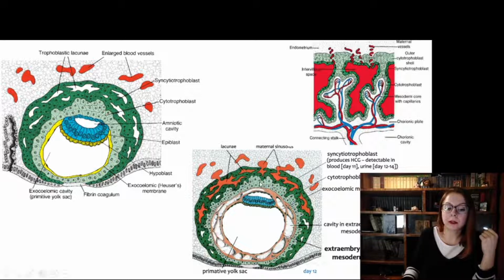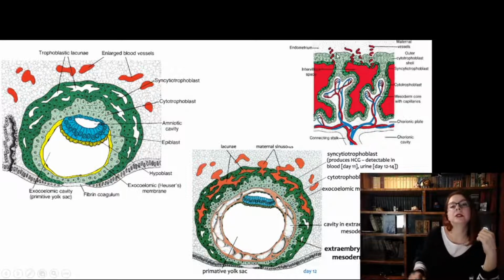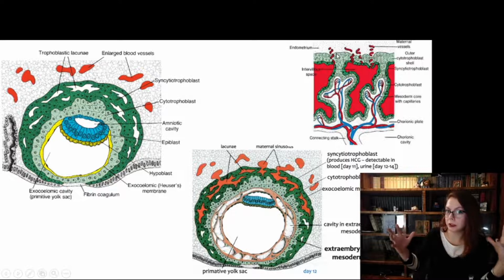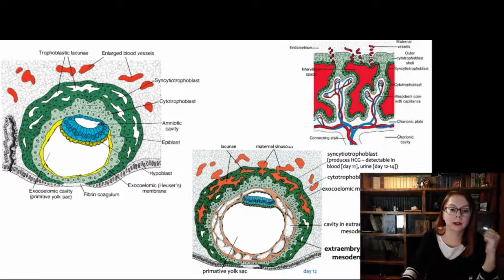Then, if at the beginning of its formation the chorion is represented just by cytotrophoblast and syncytial trophoblast, later on it forms root-like structures called chorionic villi, invading deep inside the endometrium. As the embryo enlarges, it needs more nutrients, so villi become larger, more prominent, more developed.